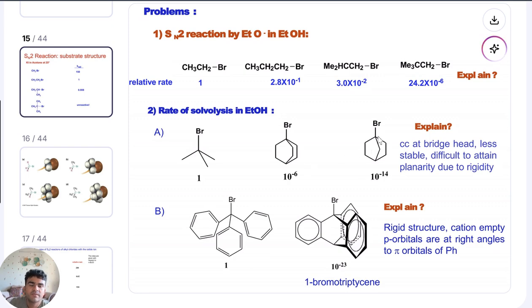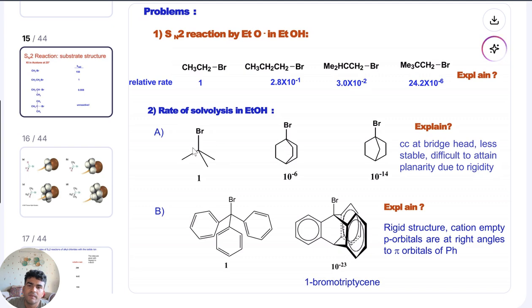Here the reaction cannot take place as it is a rigid structure and it cannot maintain the planar geometry, but here the rate is 10 to the power minus 6, quite higher than this substrate because the number of carbon atoms in this chain has increased. So that's why it can maintain somewhat planarity in the transition state, and that's why the rate is quite increased.